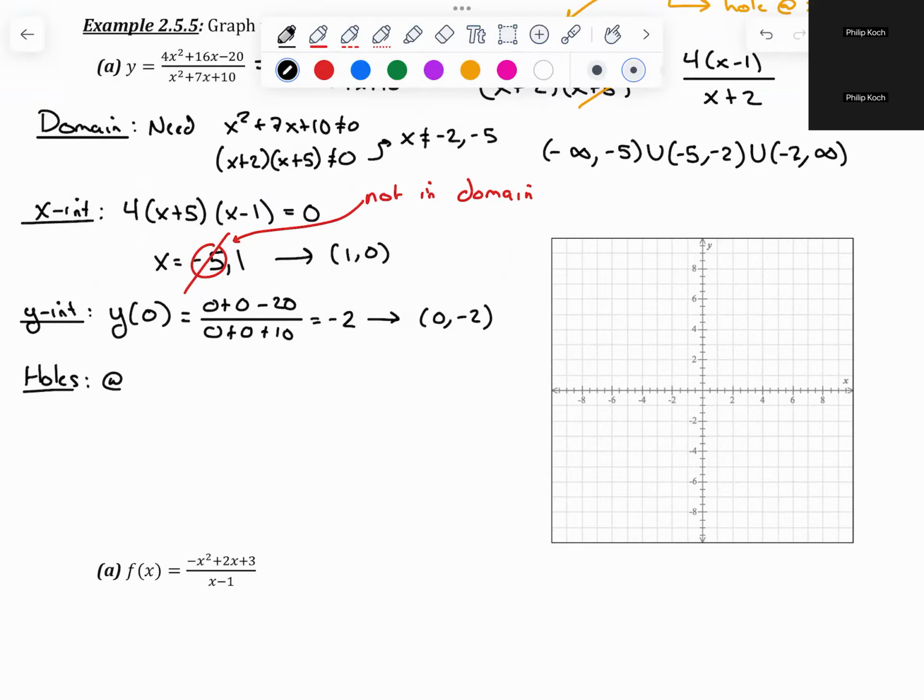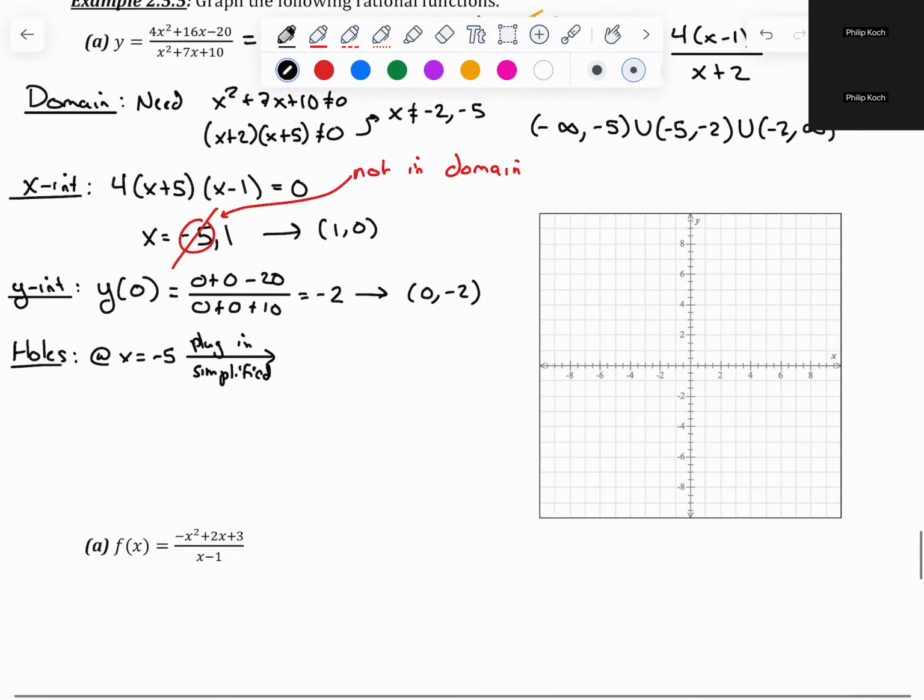There's one at x equals negative 5, and we'll plug it into the simplified version, because that is what the curve should look like at negative 5 if we were able to plug in negative 5.